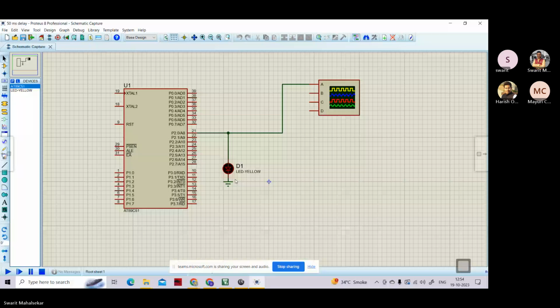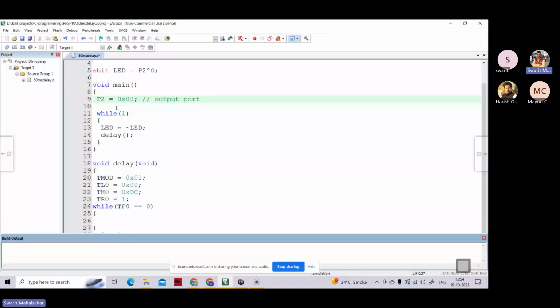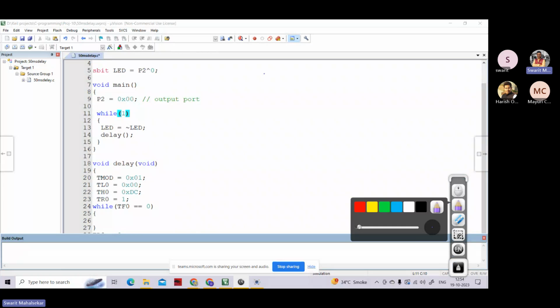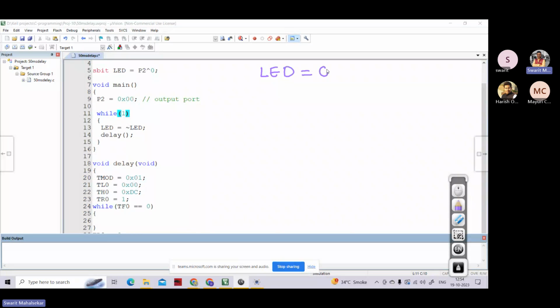Then we create a while loop, while one. That means if it is true, it will be executed infinite times. I believe you all have a basic understanding of C programming. LED is equal to negation of LED. Let's assume at the very first instance my LED is in on condition.